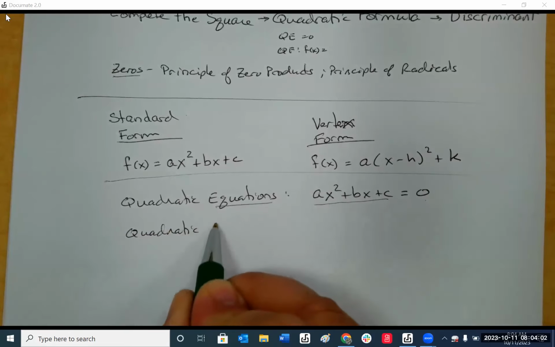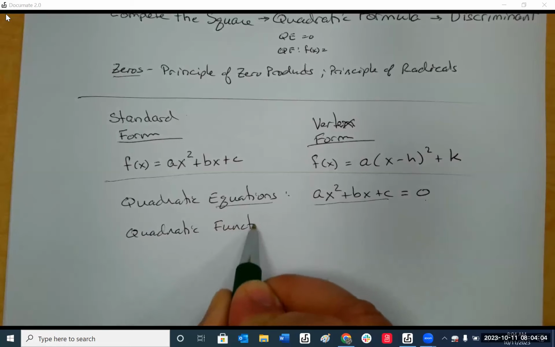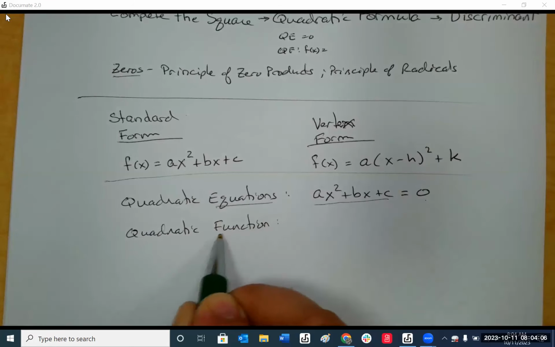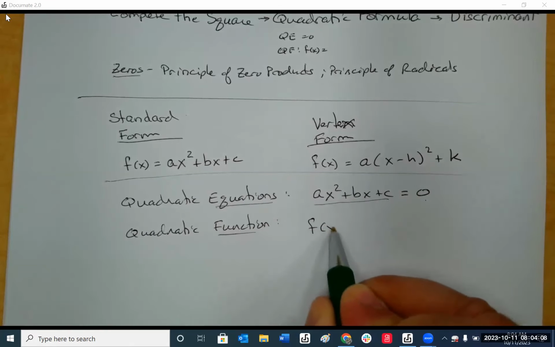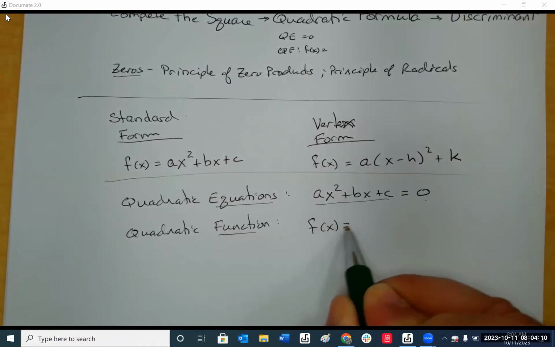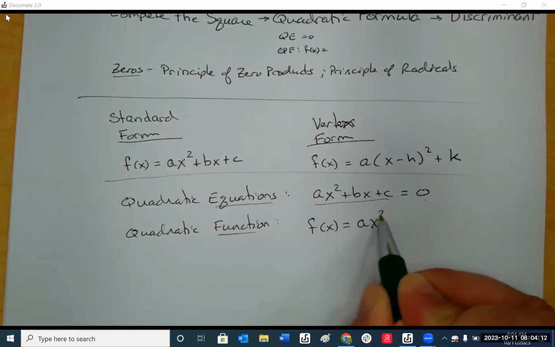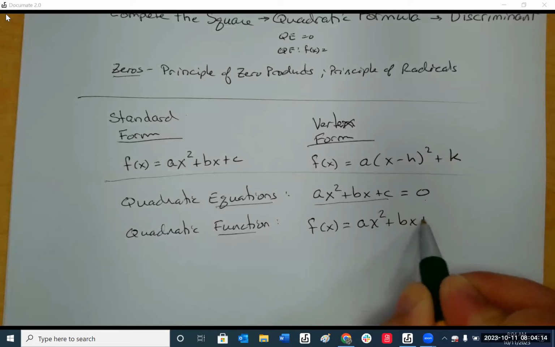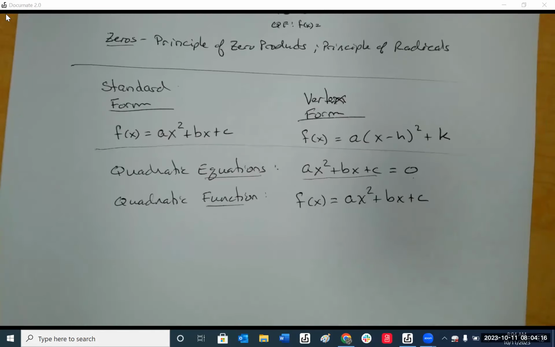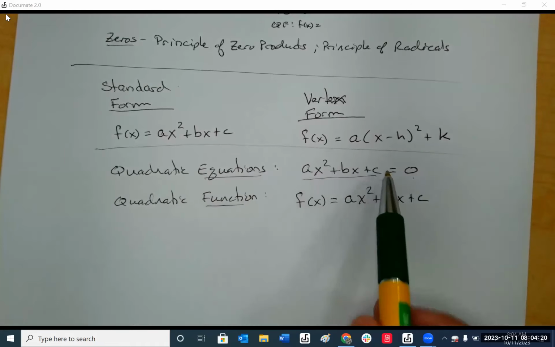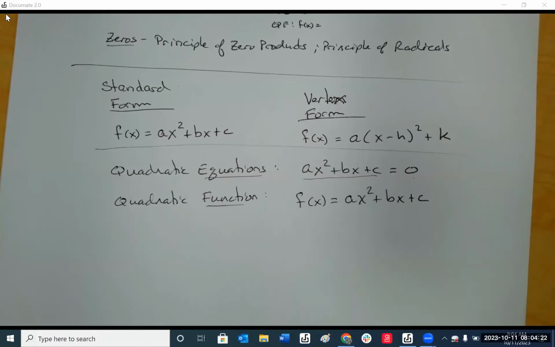A quadratic function looks like this: f of x, or whatever name you want to give it. So it all depends on what we're saying. If we're saying quadratic equations, then we use that. If quadratic function, then we talk about that.